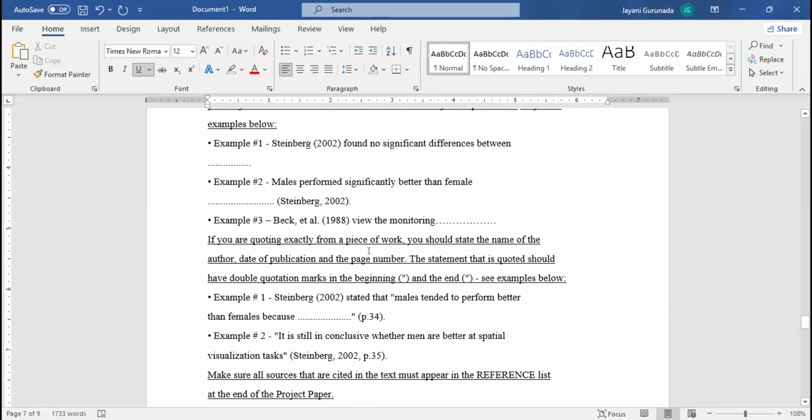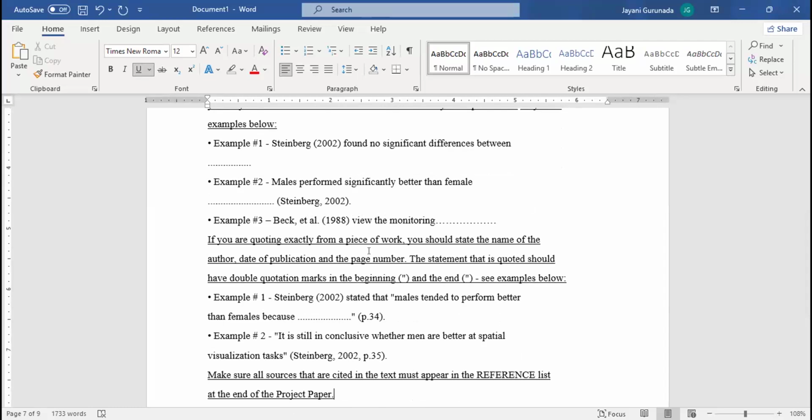Okay. If you are quoting exactly from a piece of work, normally we quote. When you are taking from somebody, we can't take the whole thing and write. We can't write everything others have written, it is prohibited. You have to paraphrase.